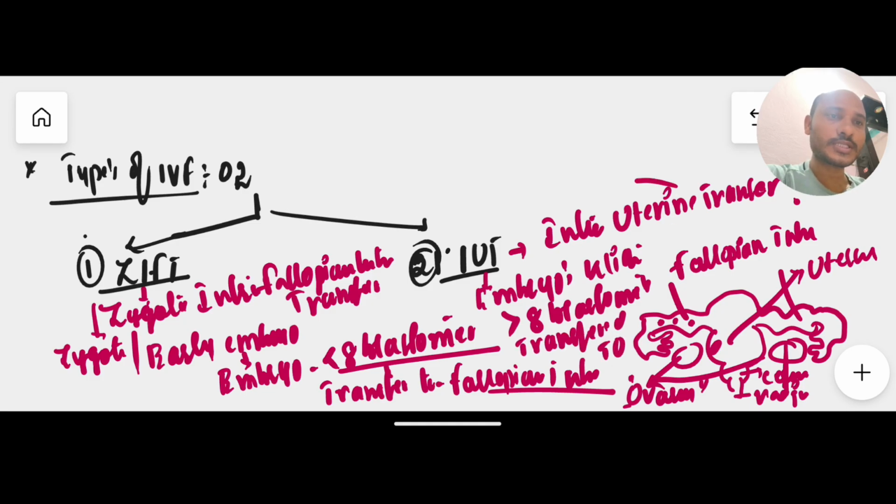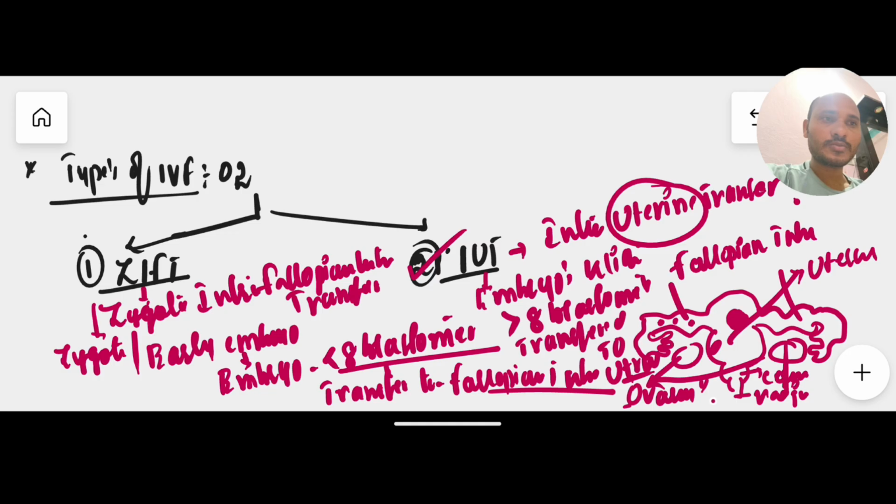Here the name only suggests uterus. Transferred to the uterus means in this method we can directly transfer the more than 8 blastomere stage of embryo into the uterus. Such a method we can use in IUT, intrauterine transfer.